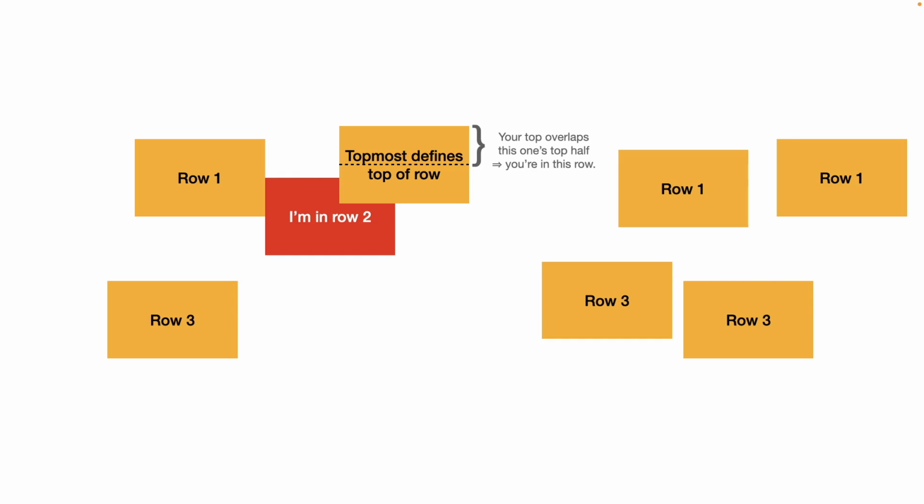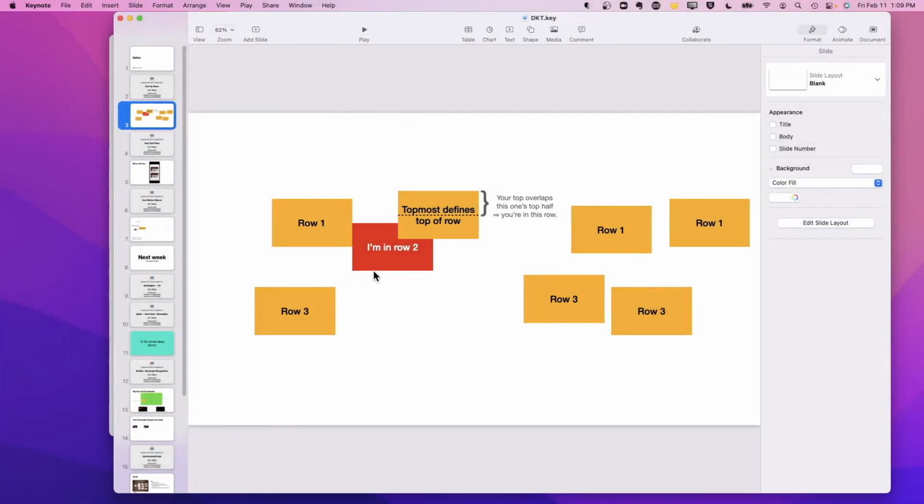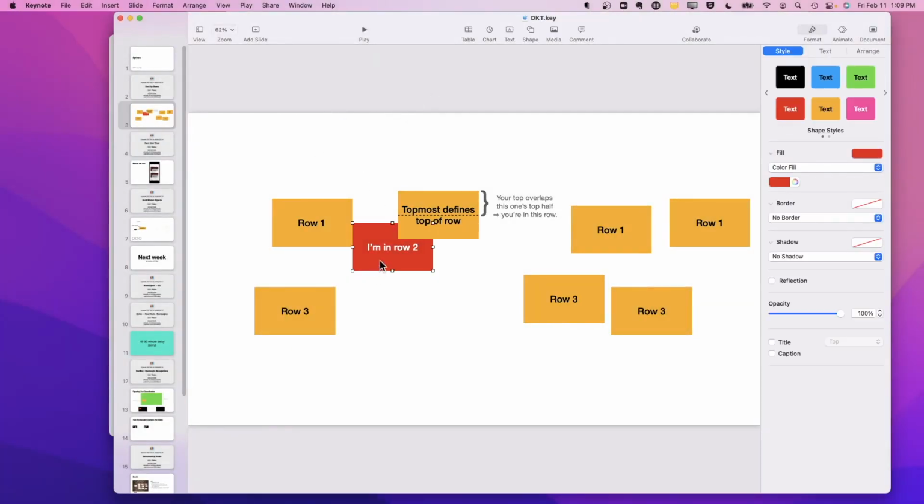That one's in the first row. It actually defines the first row. Anybody who's in the top half of the topmost card is in the first row.